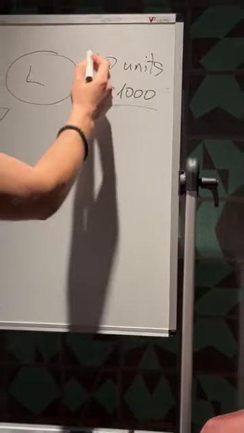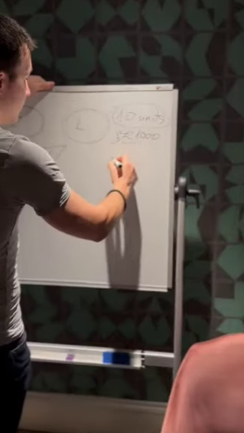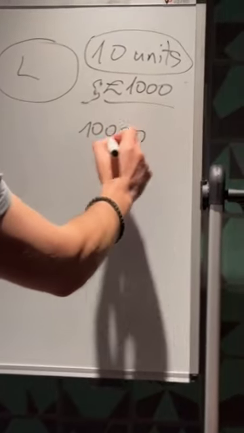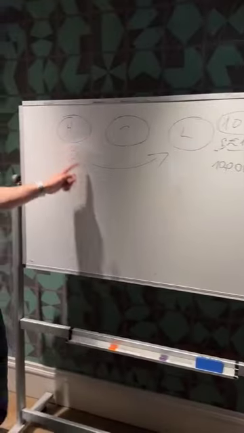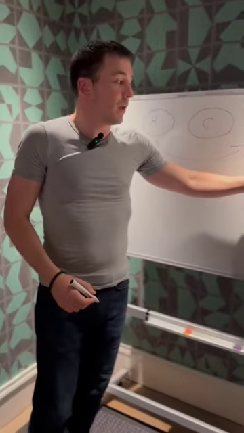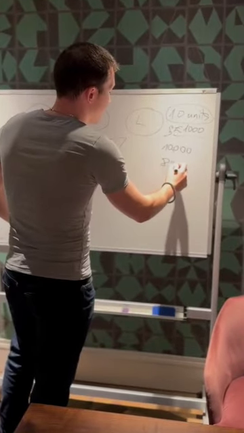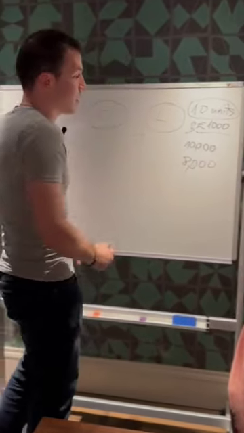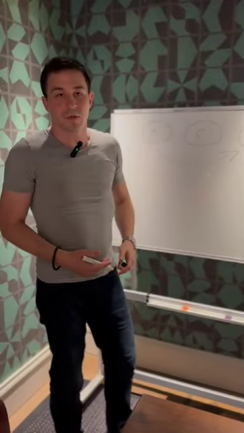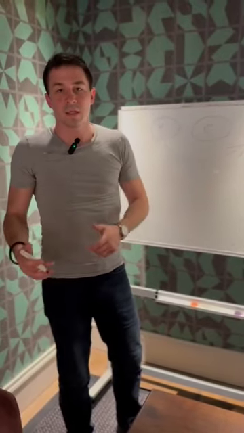So the total fee for 10 units should be 10,000. The housing provider says, how about instead of paying you 10,000 for 10 units, we're going to pay you 8,000, but we're going to take them all off of your hands, and it becomes a good opportunity for the landlord to get rid of all units at the same time.